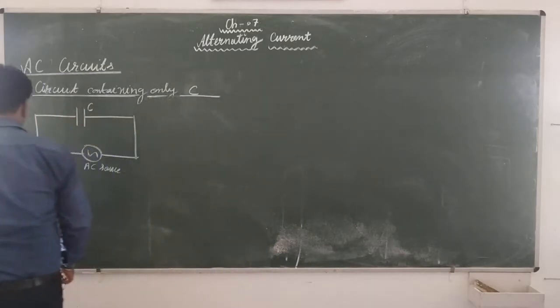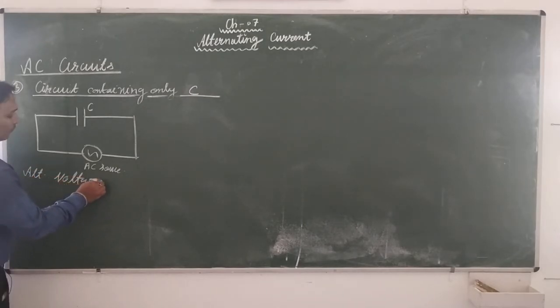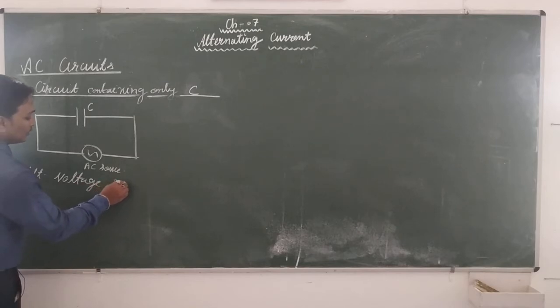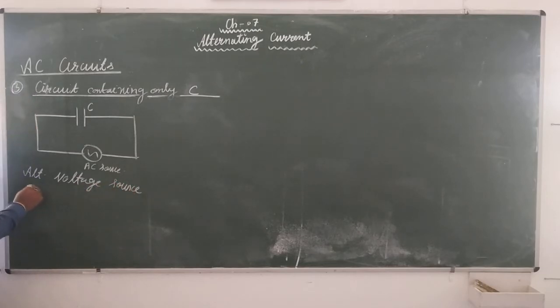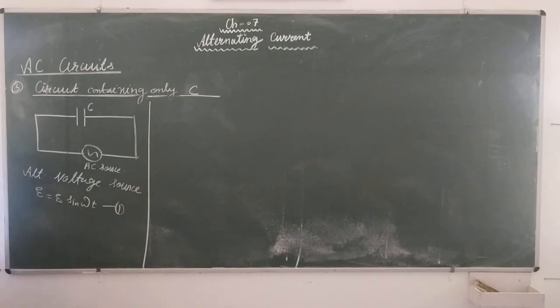So the alternate voltage source is E equal to E naught sin omega t, equation number 1. How will the current be calculated?